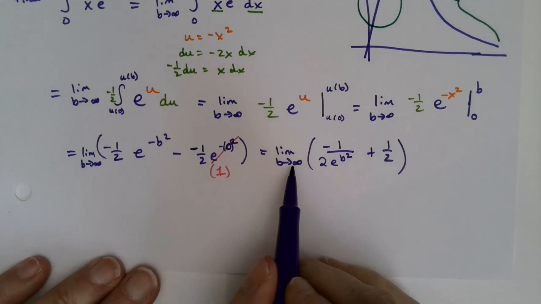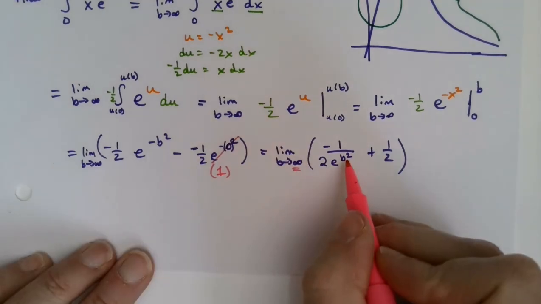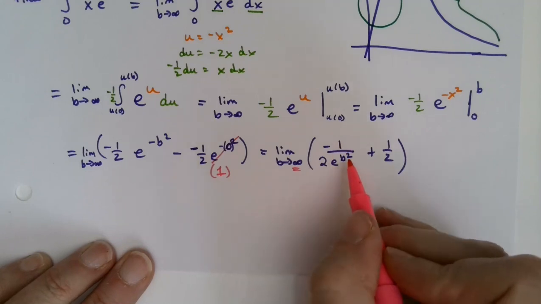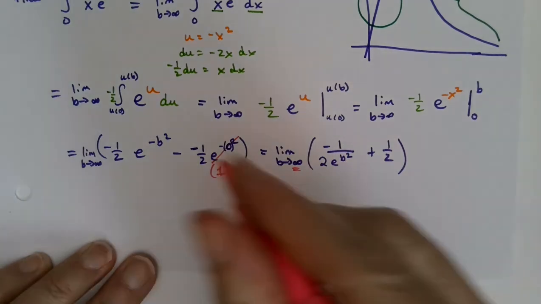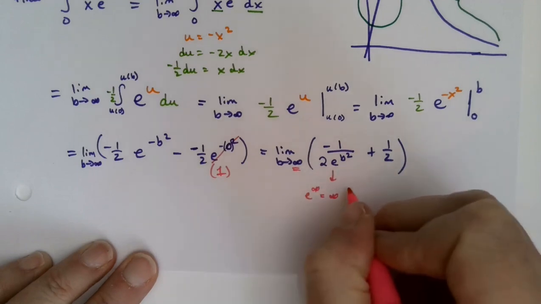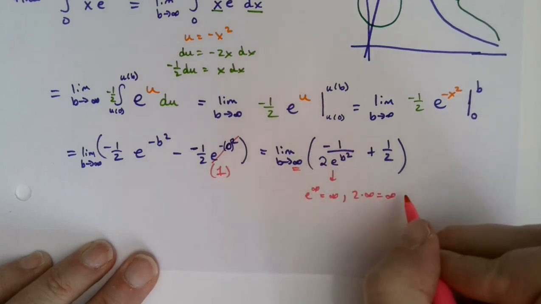Okay, so I'm going to take infinity. Let's think about this for a second. I'm going to put it in there. What's that going to be? Well, that's going to be negative 1 over 2 times e to the infinity. e to the infinity is infinity. And then 2 times infinity is infinity. So this whole thing is negative 1 over infinity, right?